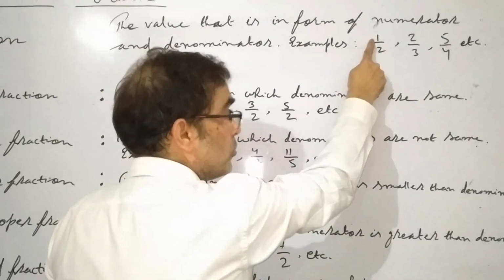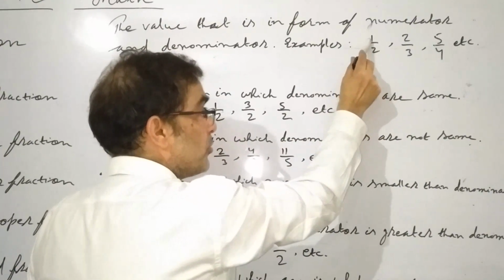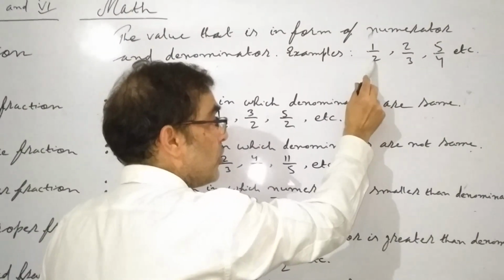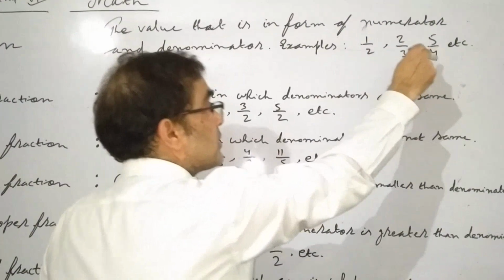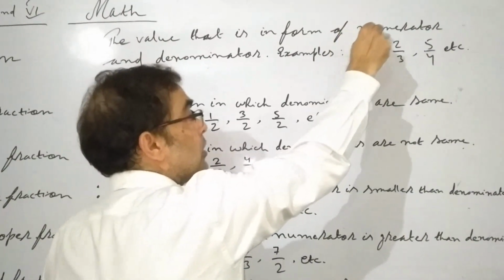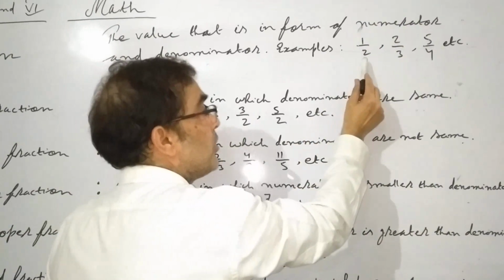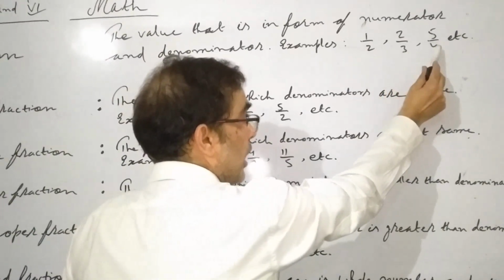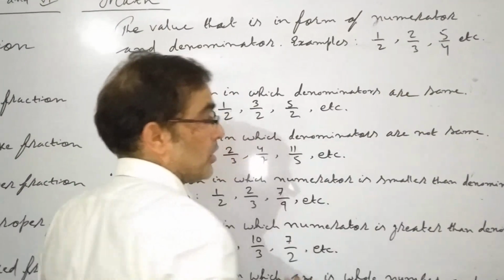The upper value of a fraction is called the numerator and the lower portion of a fraction is called the denominator. In these examples, 1, 2, 5 are numerators and 2, 3 and 4, the lower values, are denominators.